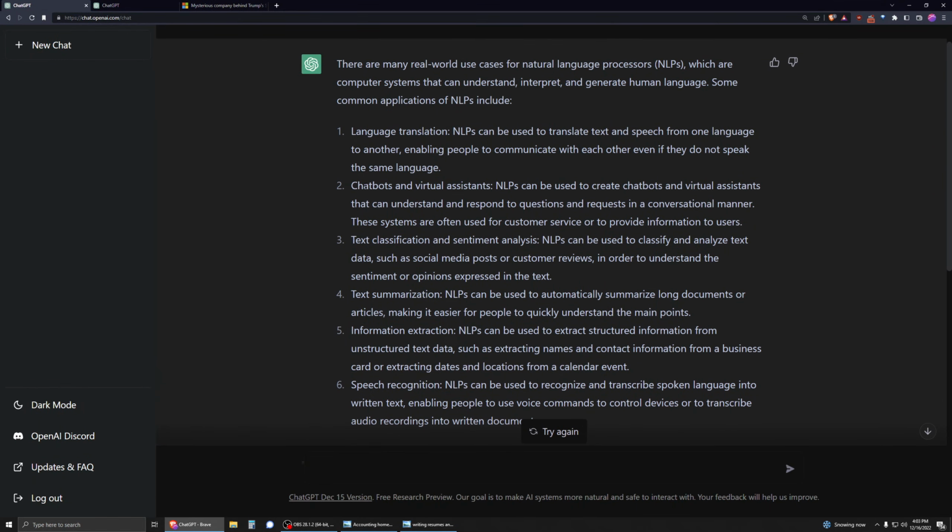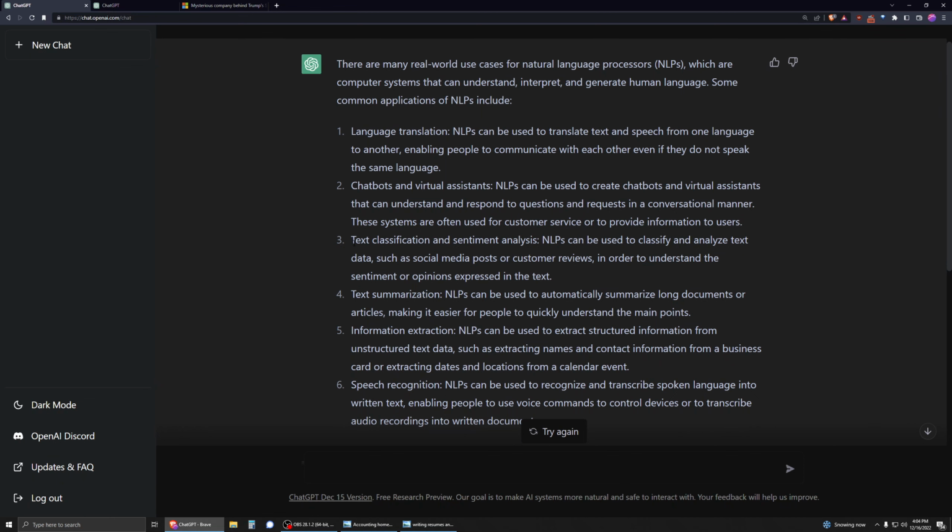Okay, let's see. Chatbots. I mean, yeah, that's obvious. Chatbots and virtual assistants. That would be very useful. Like if Amazon implemented ChatGPT as a virtual assistant, that is extremely useful. It could point you to articles and information that you need to know without even talking to a person.